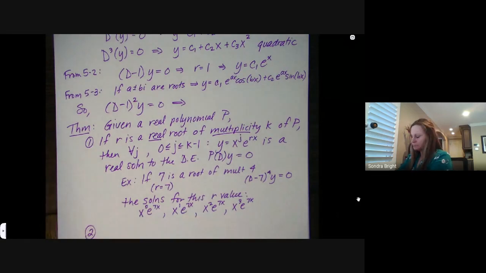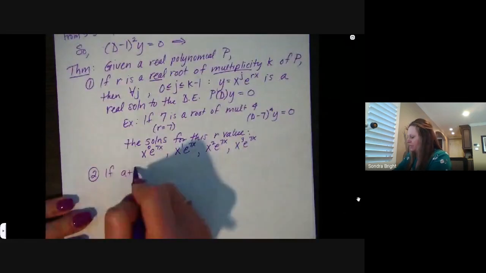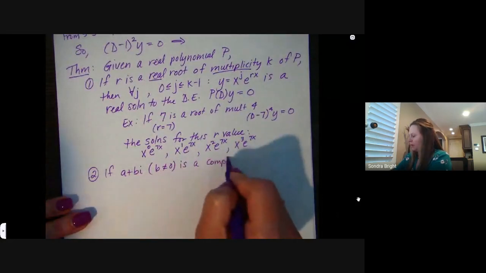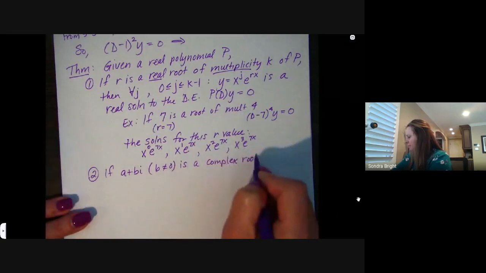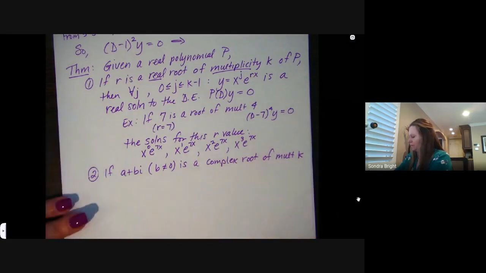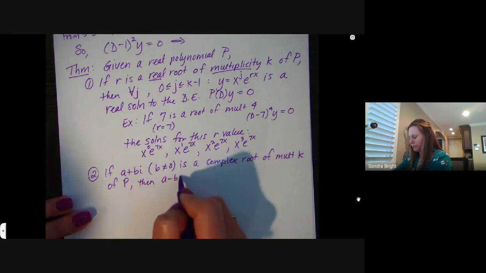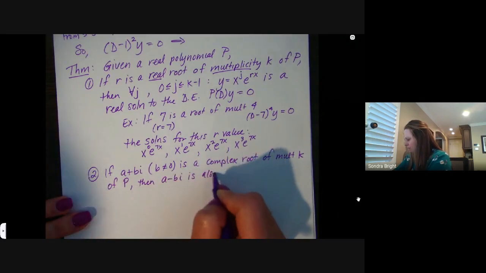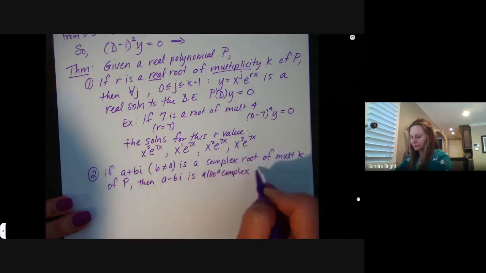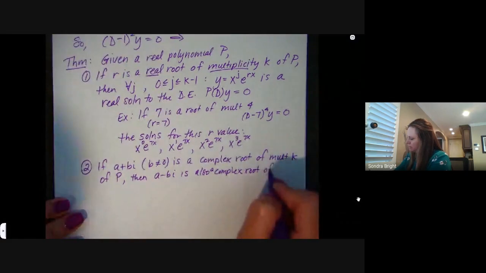So if a plus bi, where b is not 0, is a complex root of multiplicity k of p, then we also know a minus bi is also a complex root of multiplicity k of p.